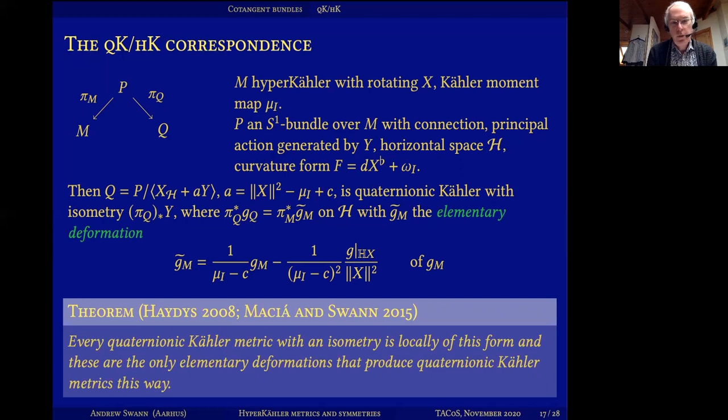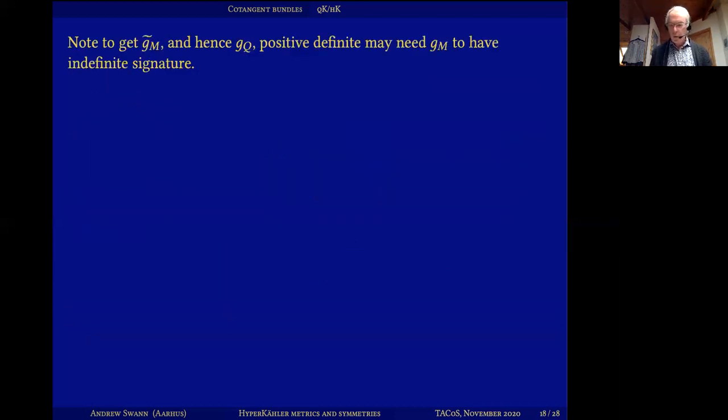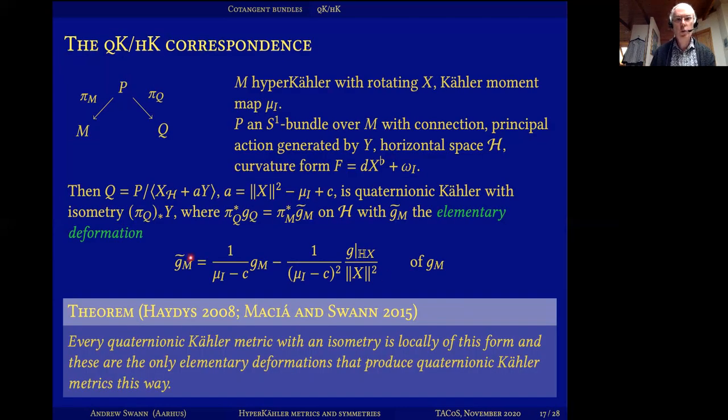So this is one of a couple of different ways that hyperkähler geometries are related to quaternion-Kähler. But one thing you should notice is that when you do this elementary deformation, we take the original metric, but we change it by a different factor in directions along x and this quaternionic span.